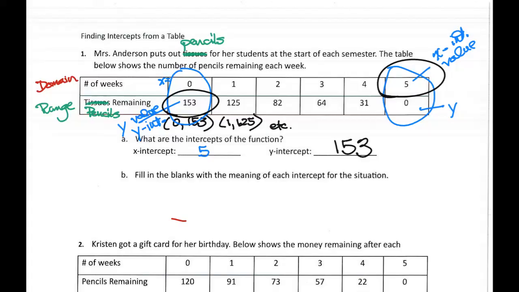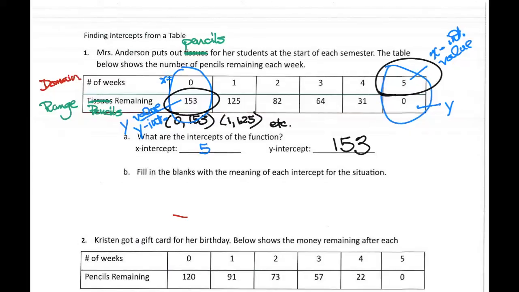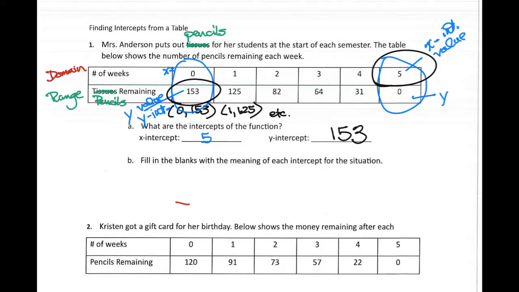Now, then it says fill in the blanks with the meaning of each intercept. So I want you to take these numbers and look at whatever the description is for the domain and range. Okay? So we are looking at 0 and 153. This is the y-intercept, right?